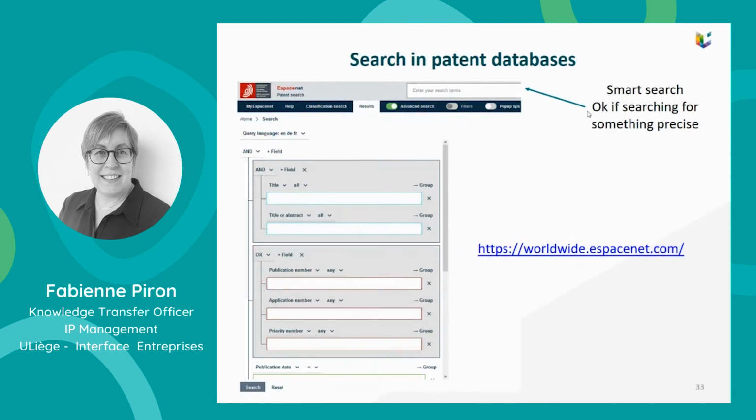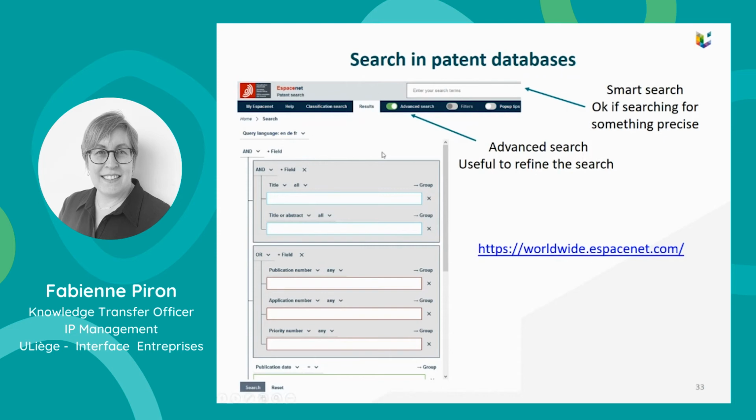How it is possible to search for patents and how to conduct a search in a patent database. So let's use Espacenet, which is the worldwide patent database provided by the European Patent Office. This database is free of charge and very user-friendly.